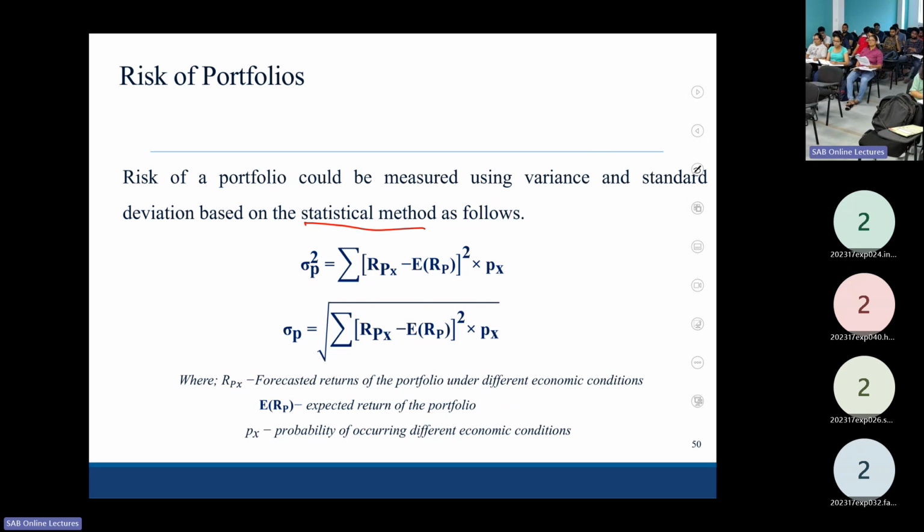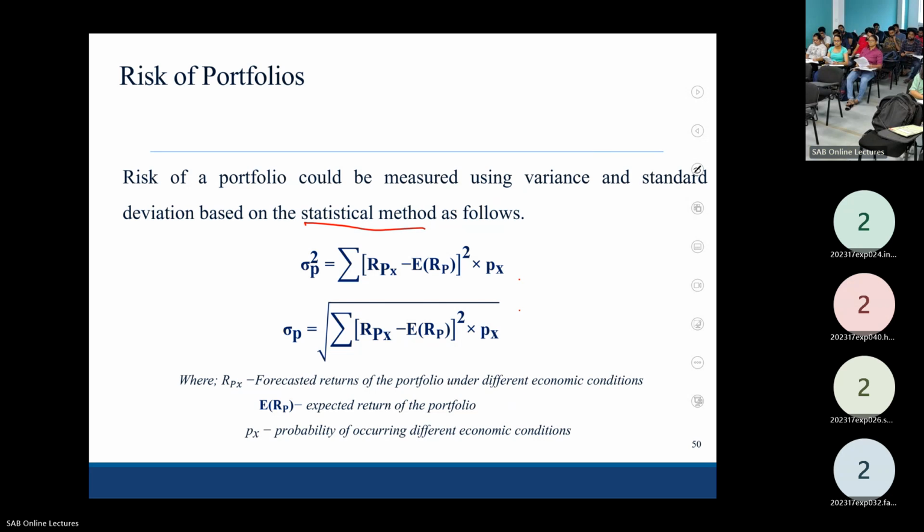But the problem with this formula, if your portfolio consists of only two stocks, this formula is not much complicated. You can manage. But the portfolio is not always with two stocks.